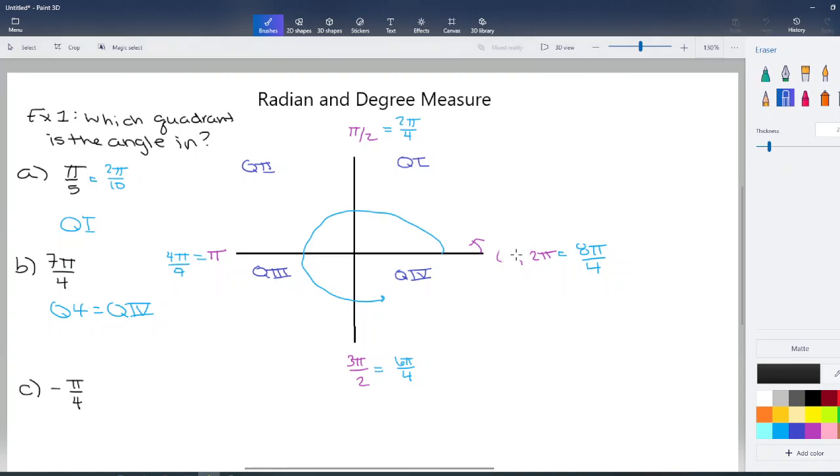So I actually want to compare these a little bit differently. It's not going to be opening the same way that the other angles we looked at were opening, right? They were opening counterclockwise. This angle is going to open clockwise because it's a negative angle.